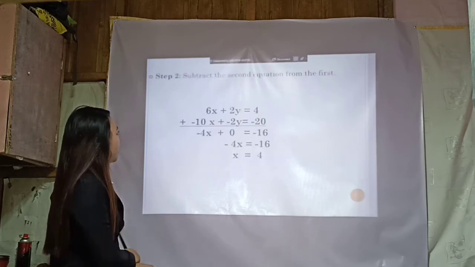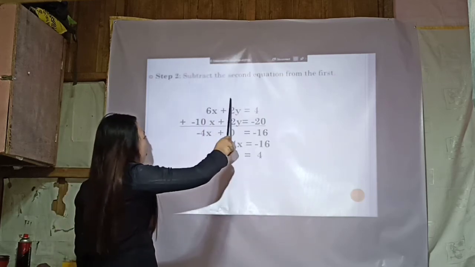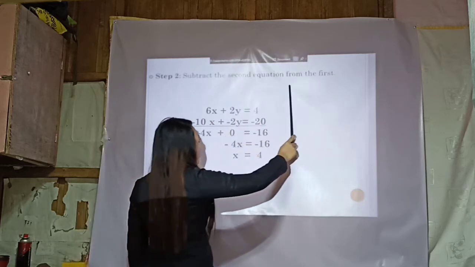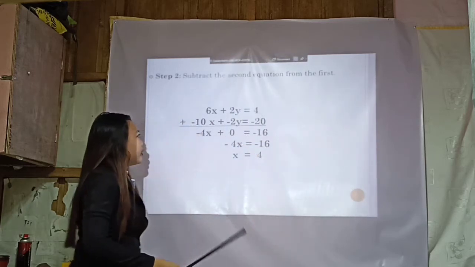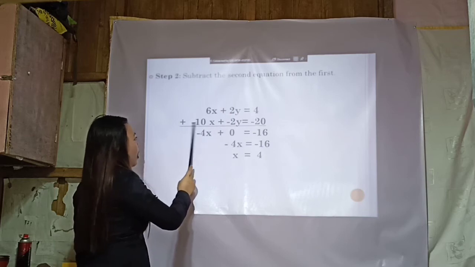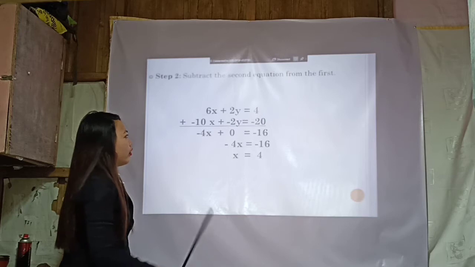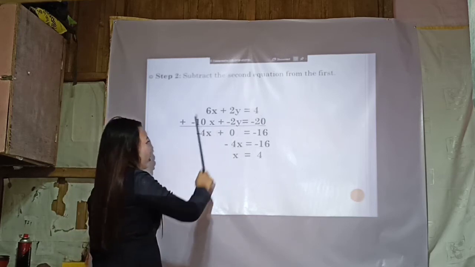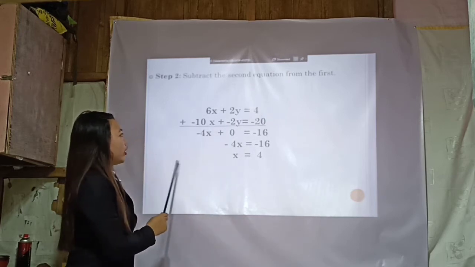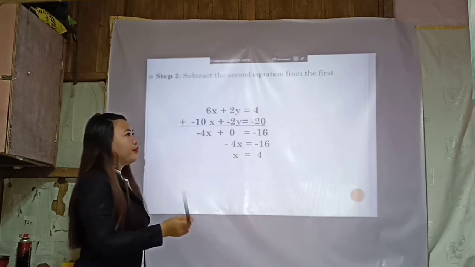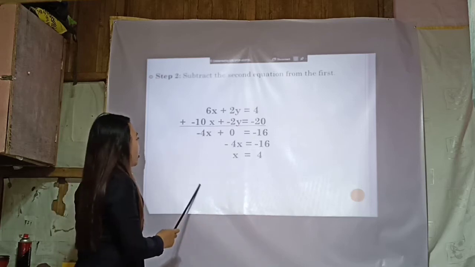Next step is to subtract or add the second equation from the first. In order to eliminate one variable from both equations, you need to add or subtract one equation from the other.